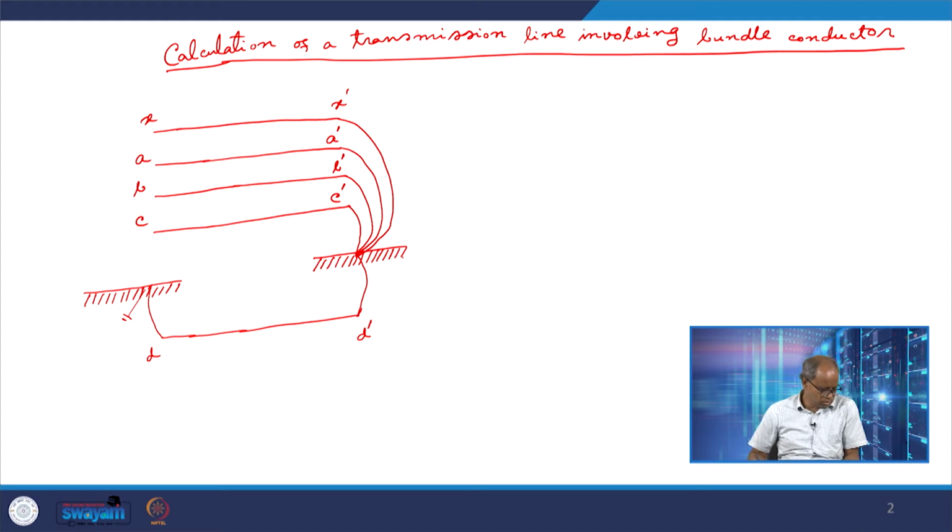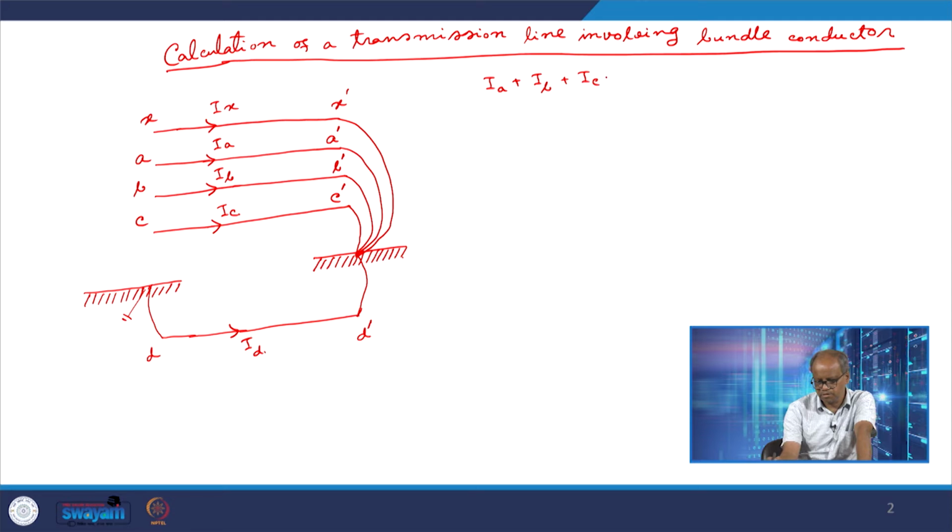Of course, we have got the currents Ix, Ia, Ib, Ic, and then the current Id, and we have already seen that by current relation, Ia plus Ib plus Ic plus Ix is equal to minus It.